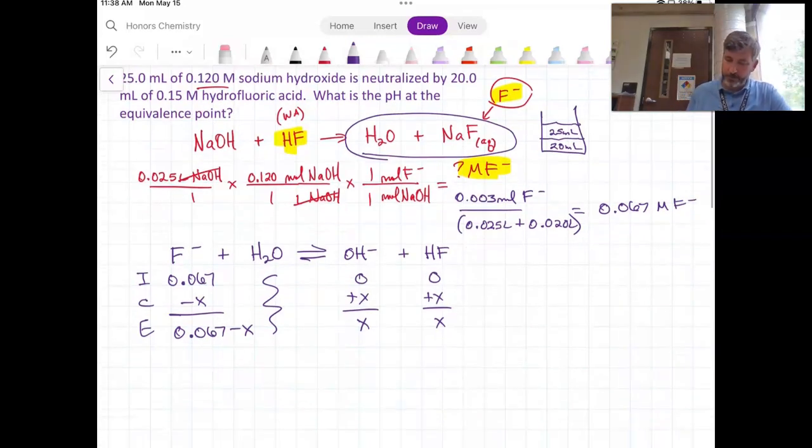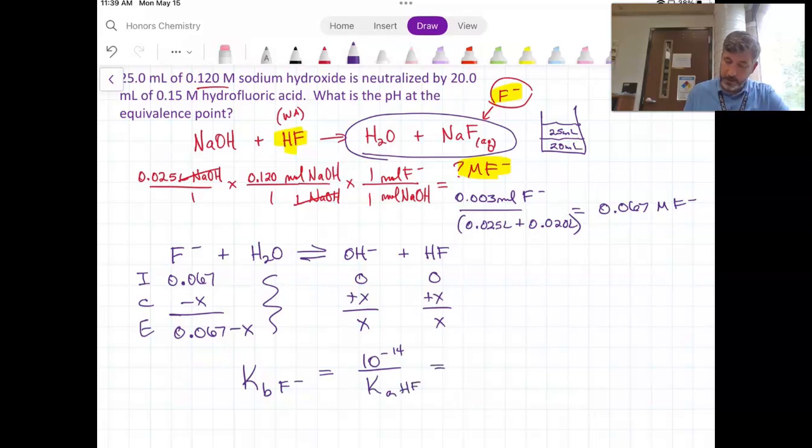Okay, so the last tricky part of this is that we don't know the Kb for F minus, okay? But the Kb for a conjugate base is equal to 10 to the negative 14 divided by the Ka of its conjugate acid. So Kb for F minus is equal to 10 to the negative 14 divided by the Ka of HF.